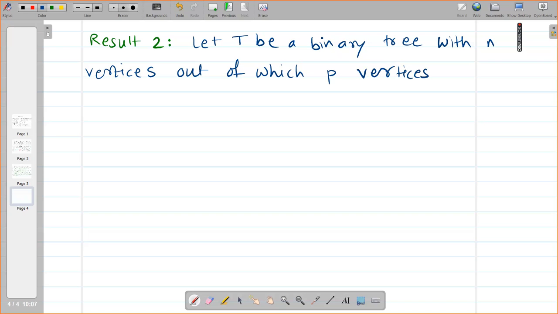What do you mean by pendant vertices? Degree is 1.